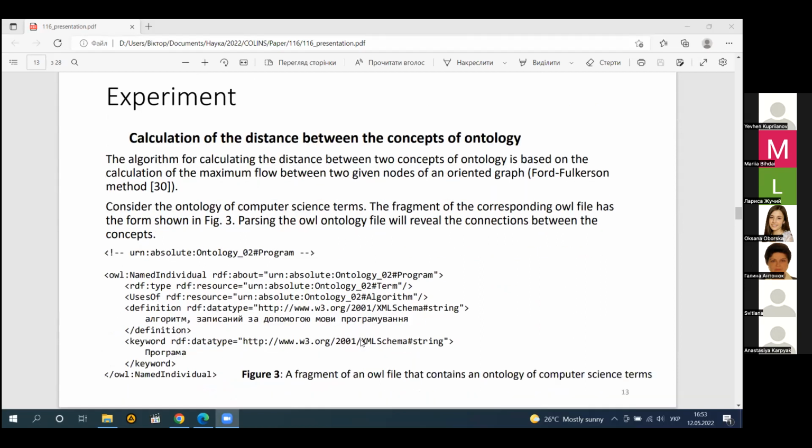Calculation of the distance between the concepts of ontology. Consider the fragment of an ontology of computer science terms. It is shown in figure 3.